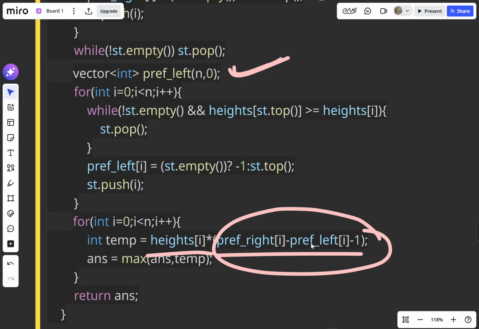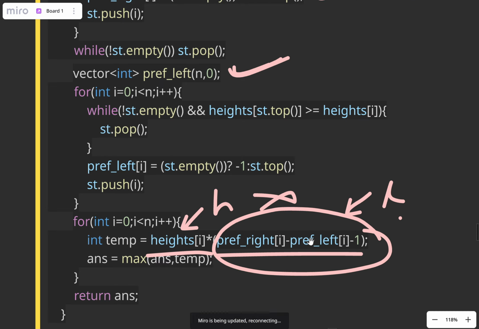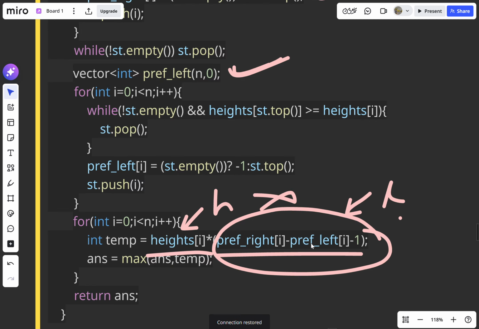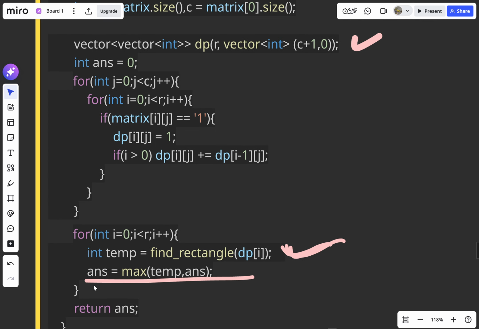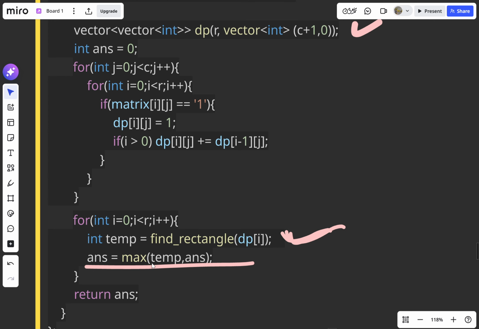So this is the length and this is the height. Height into length gives us the area, and we return this area from this function. After returning it, it is stored as temp, and we update the answer as the maximum. This is our whole solution.